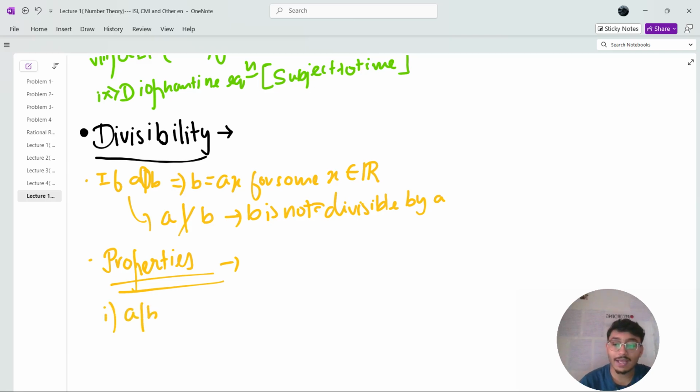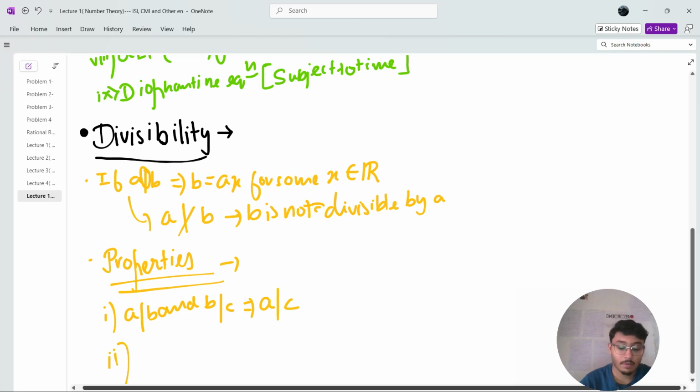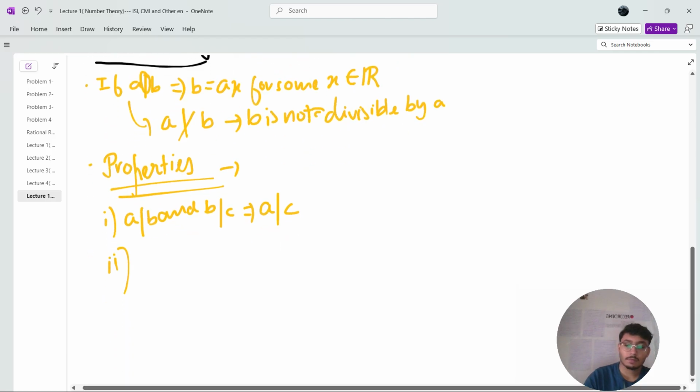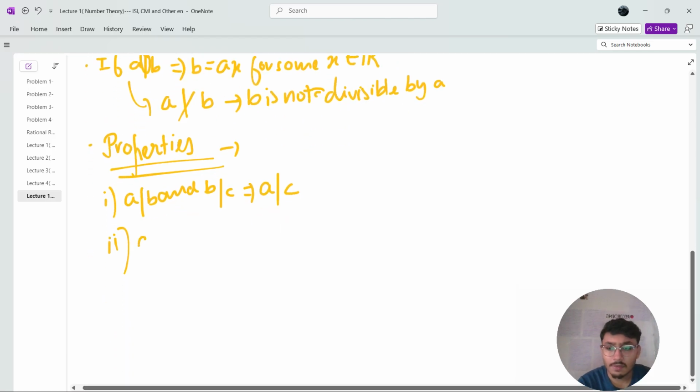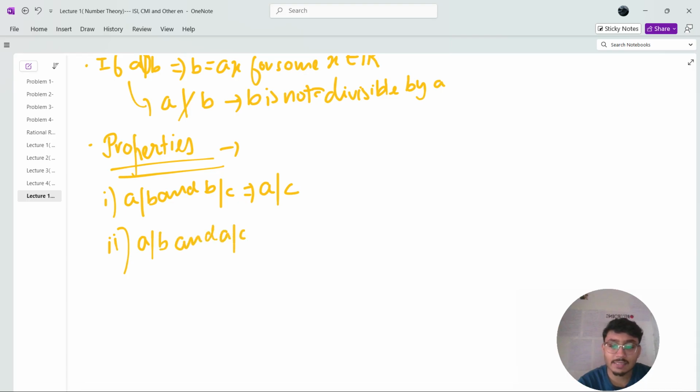That is, if A divides B and B divides C, that very directly means A divides C. My next property is: if A divides B and also A divides C, then A must divide B plus C, A must divide B minus C, and A must divide B into C.